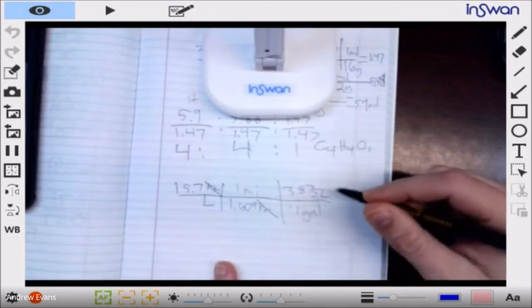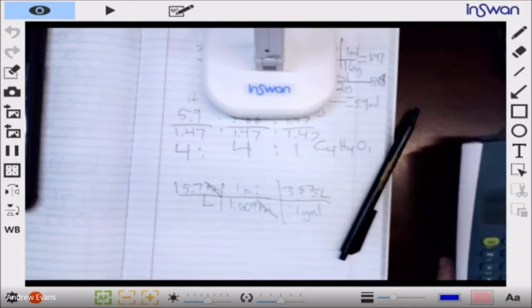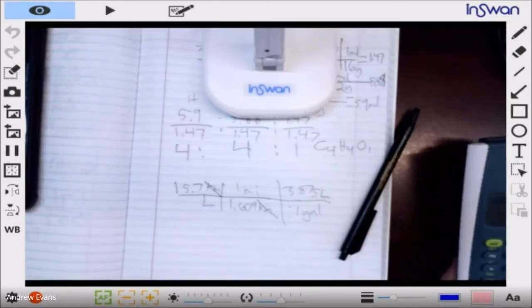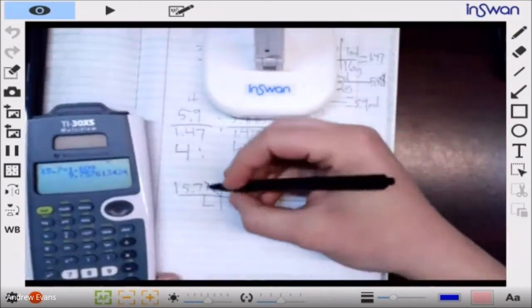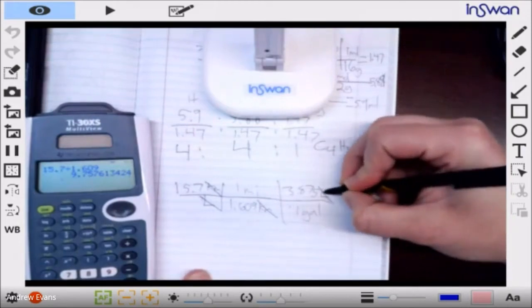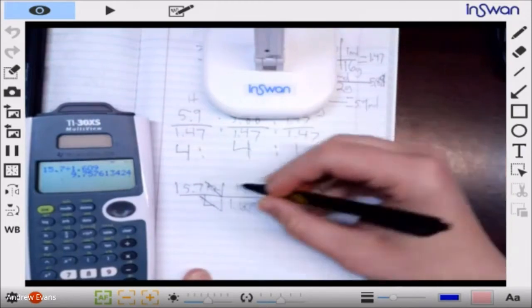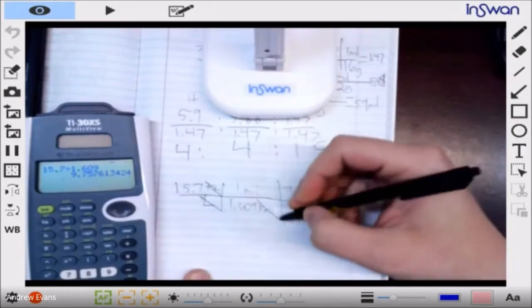So I'm going to take my 15.7 divided by my 1.609. And now I need to get liters into gallons. I have liter down here, so I need liter up here. I set this up so that liters cancel and kilometers cancel, so that they're on opposite sides of this.